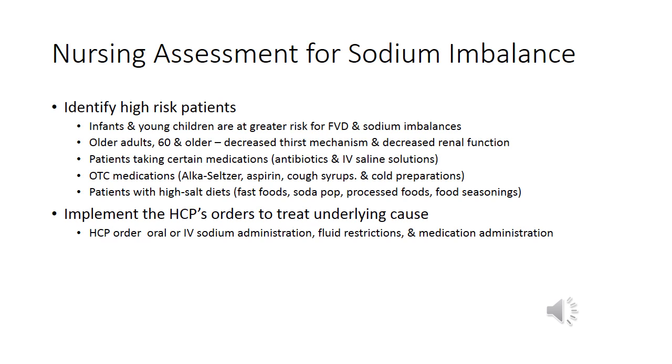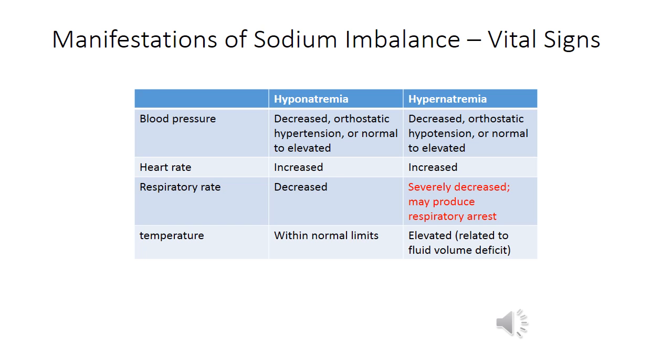A thorough physical assessment is necessary because sodium imbalance can affect many body systems. Assess each body system, observing for manifestations of sodium imbalance as well as associated fluid imbalance. Measure and record patients' vital signs and review the patient's laboratory data to assess for the presence of hypo or hypernatremia.